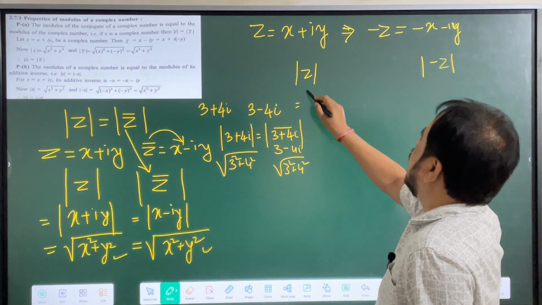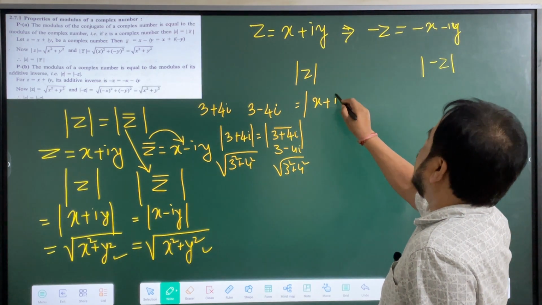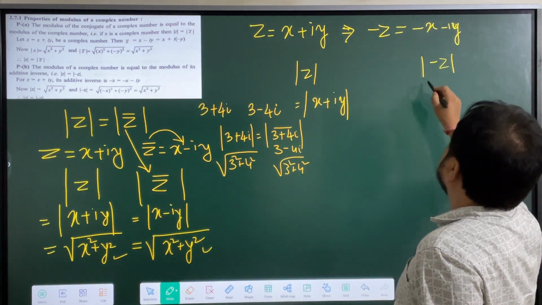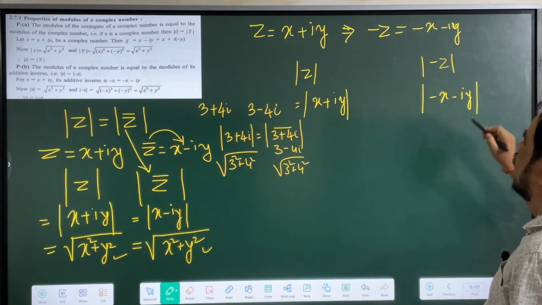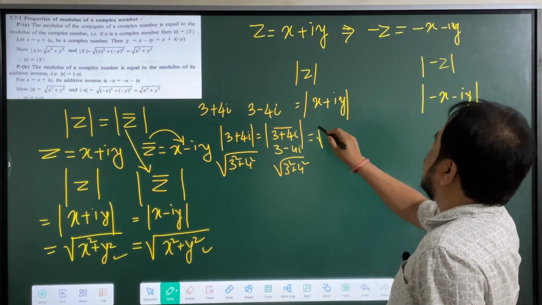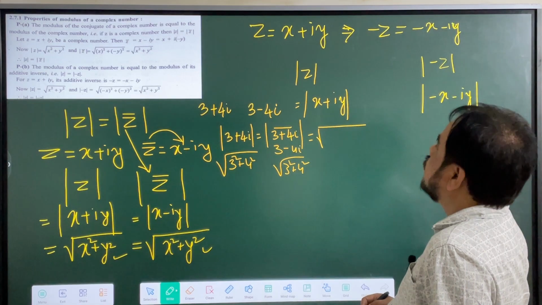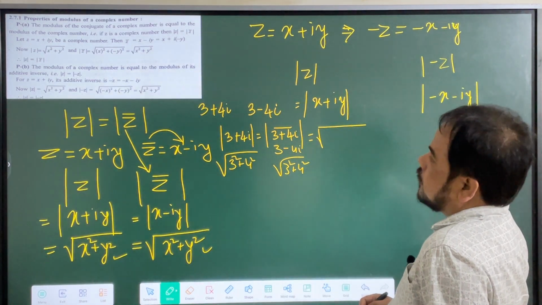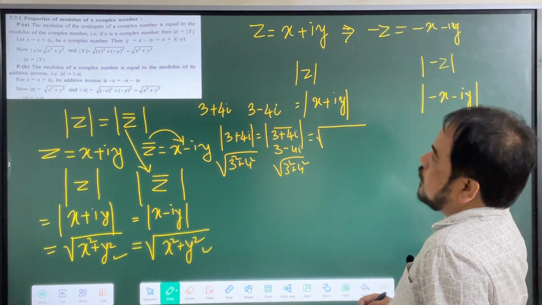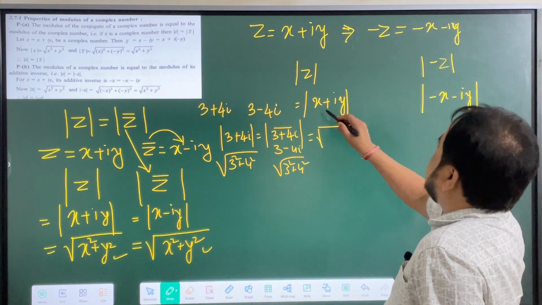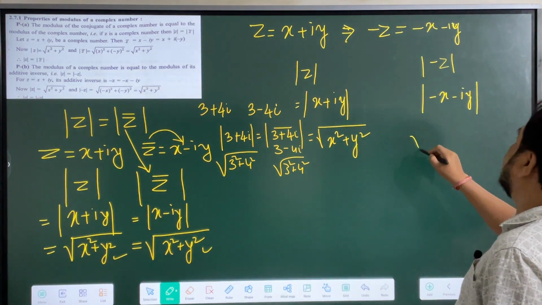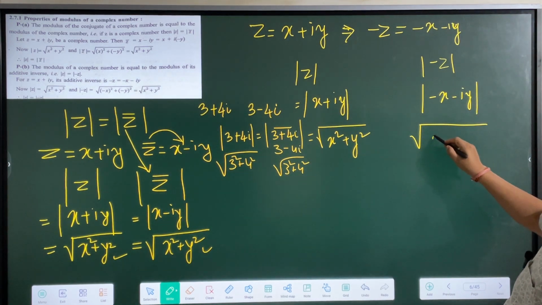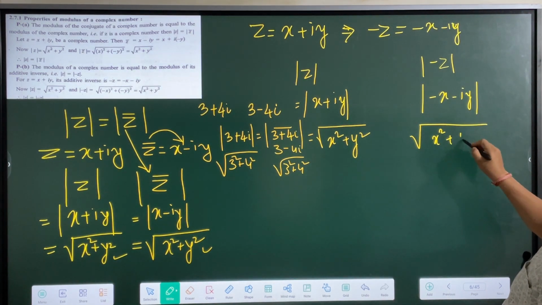Modulus of z, what will we write? X plus iy. Modulus of minus z is minus x minus iy. The modulus of x plus iy is root of x square plus y square. Here also the modulus is root of x square plus y square.